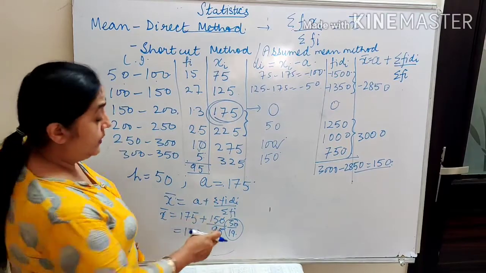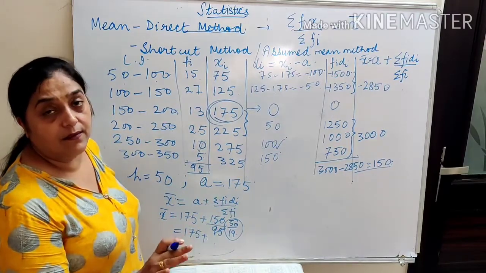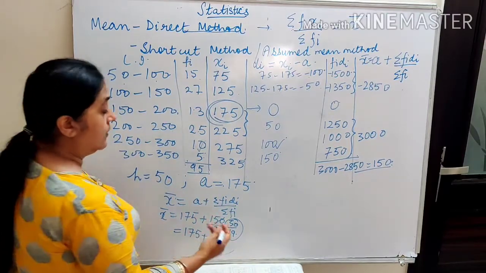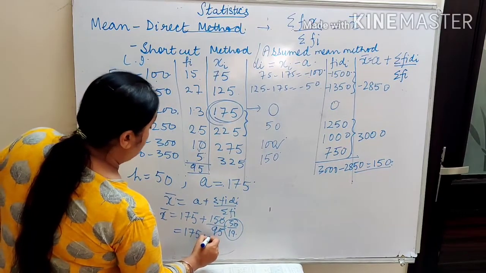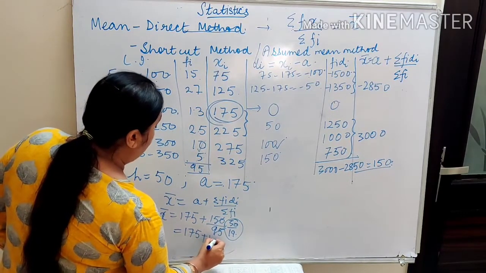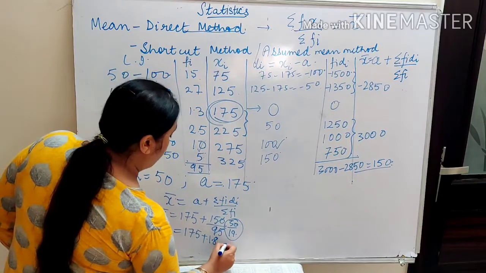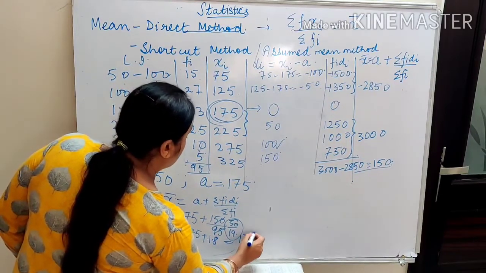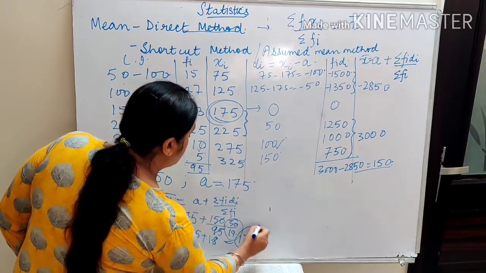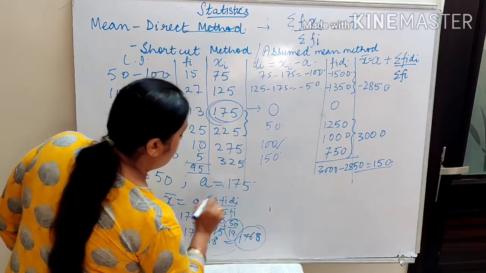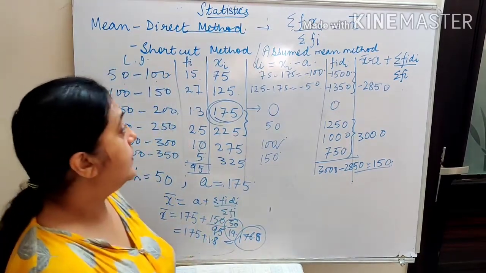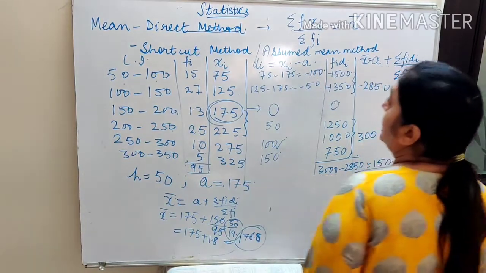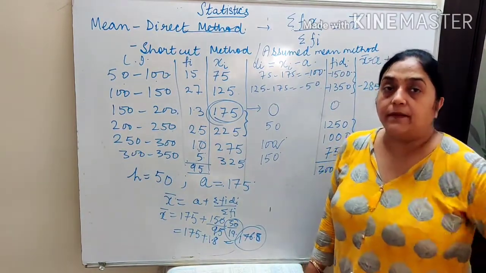Make it in points. Don't try to take LCM, because it will just increase your calculation part. So it is 19 ones, then it is approximately 1.8. So your mean comes out to be 176.8.